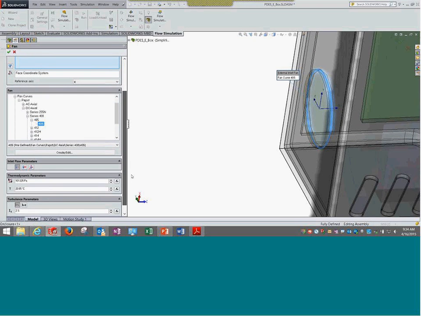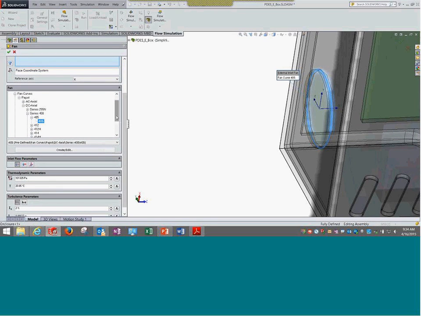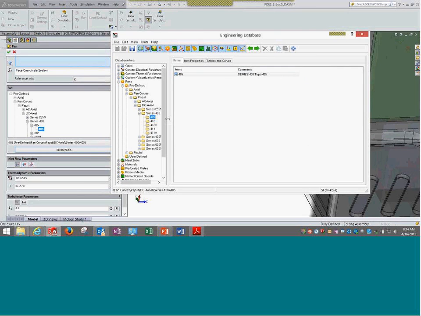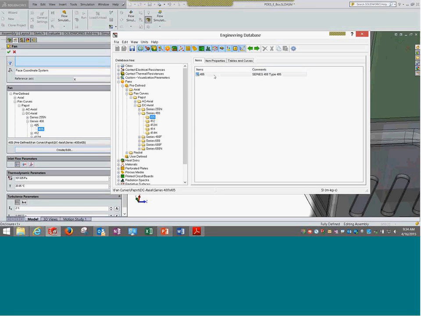Now in terms of fans, all that you are seeing here may not be available if the customer has only Flow Simulation. Remember, even while doing a demo, you might see all these fans that will not be available for all customers.